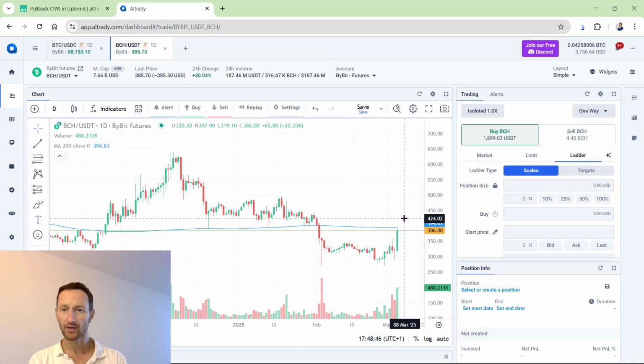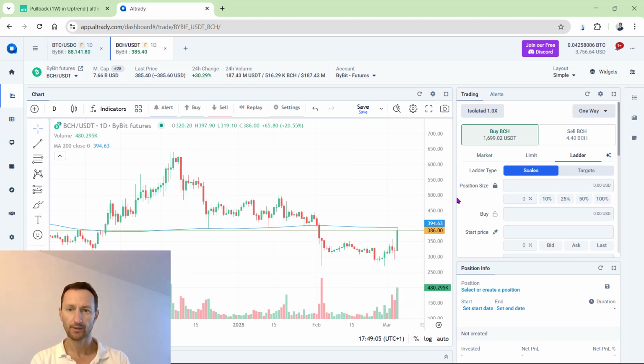Oftentimes the price doesn't quite stop there, it maybe overshoots that target or that resistance area, key level, and then really reverses in the next few days. So I don't want to be too rigid and give myself some room for error.